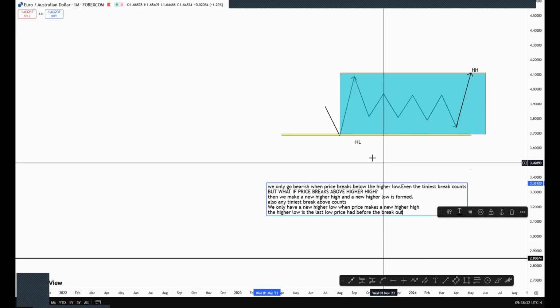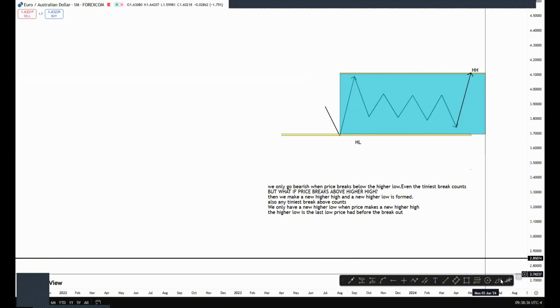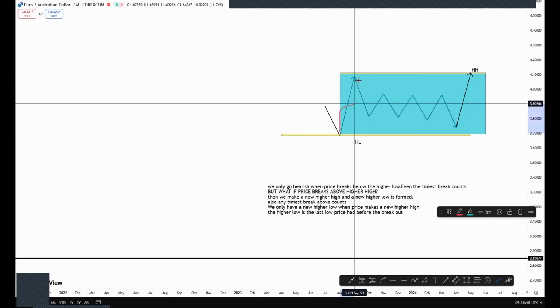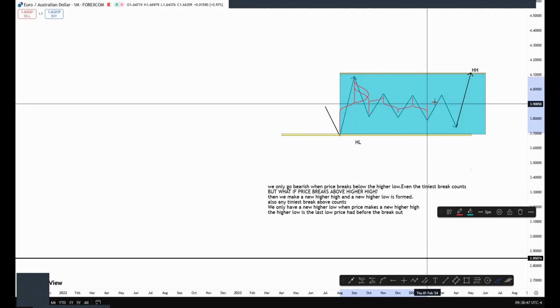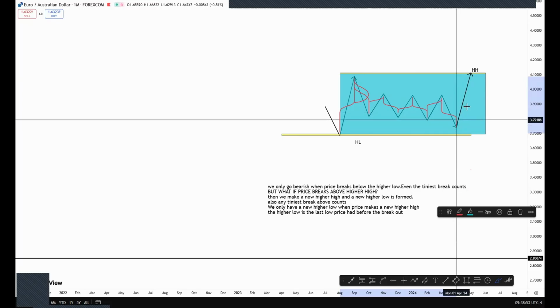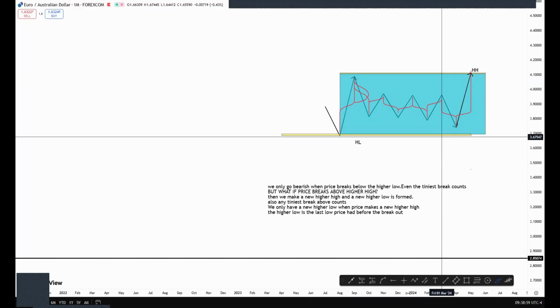So in this case, this even becomes clear to you. You can see price at this higher low, and this was the higher high. And price from here was just kind of moving up and down, and then it reached this lowest point. Then this low is the one that led to this break. You see?